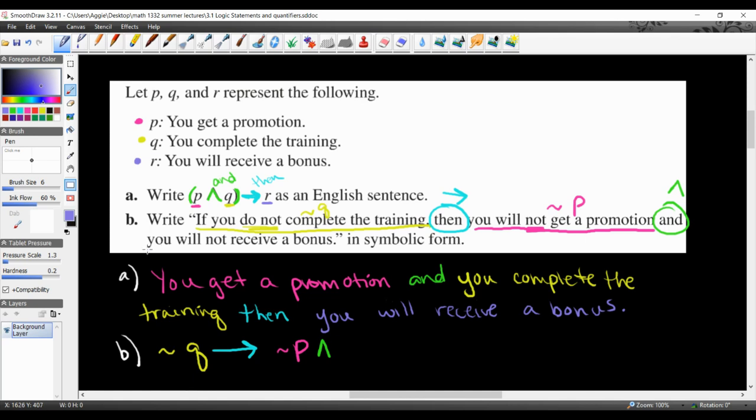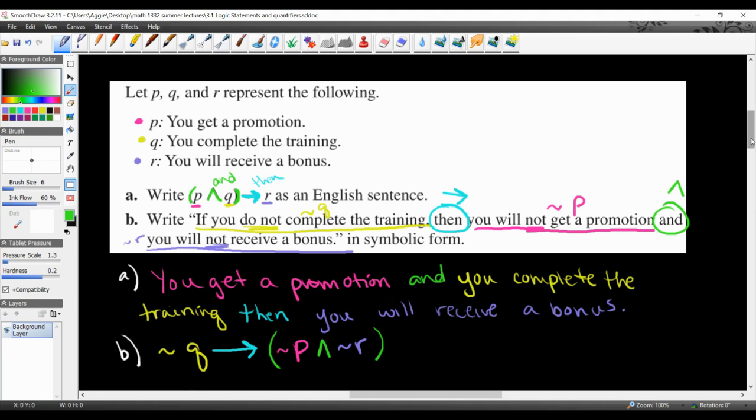There's my R. It has a not in it, so this is not R. Here I want to put these two in parentheses because these two are the result of this first part right here. And that's it. That would be your answer for this one.